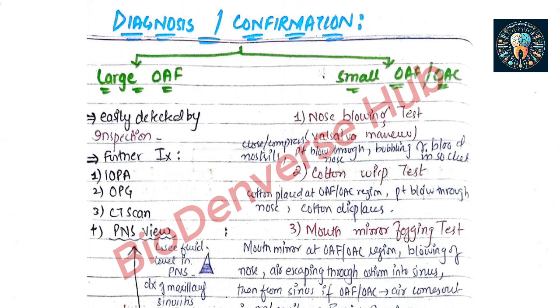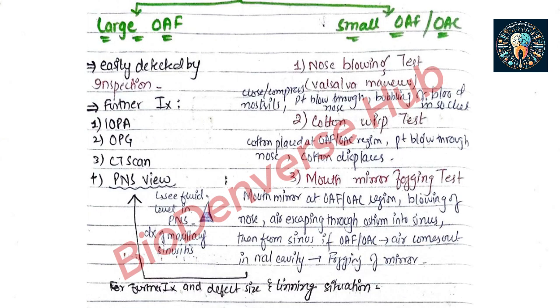You can also perform another test, the mouth mirror fogging test. In that test, the mouth mirror is placed at the oroantral fistula communication region. Then again the same process of blowing through the nose. The air escapes through the ostium into the maxillary sinus, and then from the sinus through the communication and opening into the oral cavity, and due to the escaping air, fogging of the mouth mirror occurs.